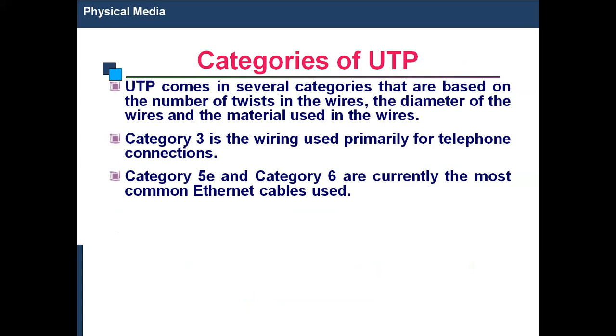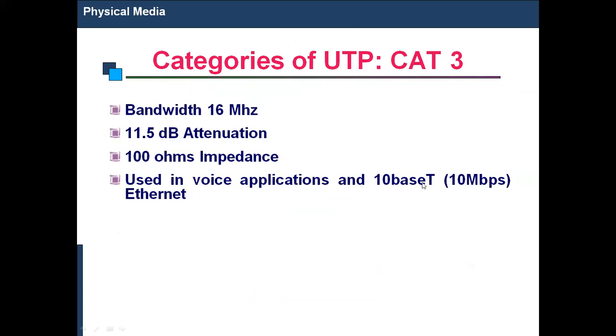Now we discuss each category of UTP one by one. First, category 3. The bandwidth available for category 3 twisted pair cable is 16 megahertz, with an attenuation of 11.5 dB and a load impedance of 100 ohms.